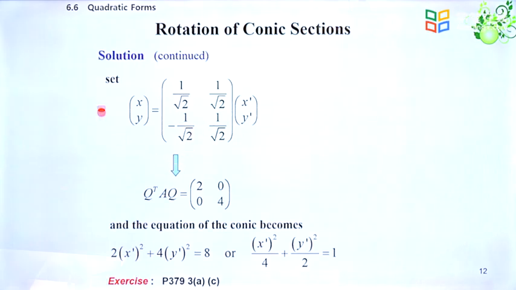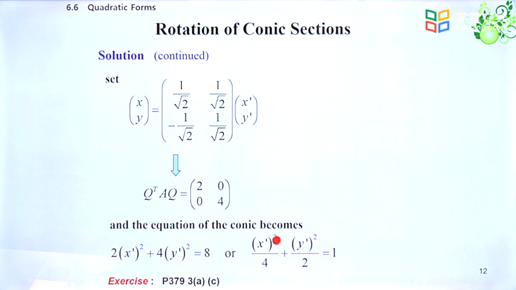So how can we do this? We set (x, y) equals this matrix Q times (x prime, y prime), this vector, okay? And then we can get Q transpose A Q equals this diagonal matrix. The diagonal entries come from the eigenvalues.